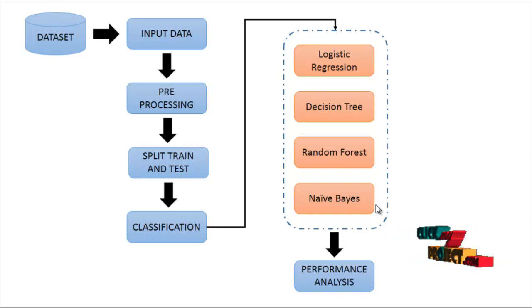Then the data set is passed on to the neighbour algorithm, where the model is created, the values are fitted, and the values are predicted. After the classification algorithm part is implemented, the data goes into the performance analysis step, where accuracy, precision, recall, and similar performance metrics are evaluated, and the results are visualized.